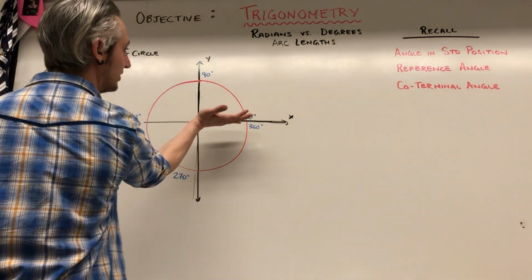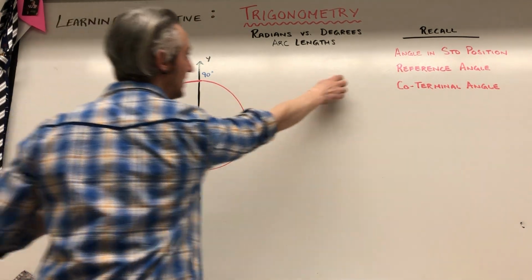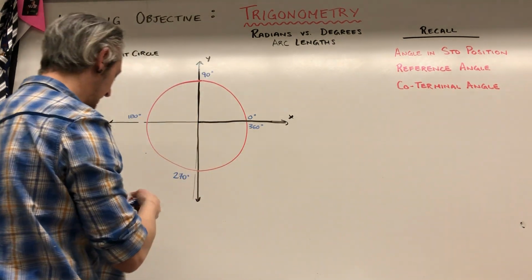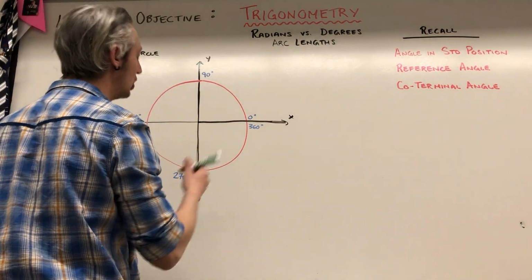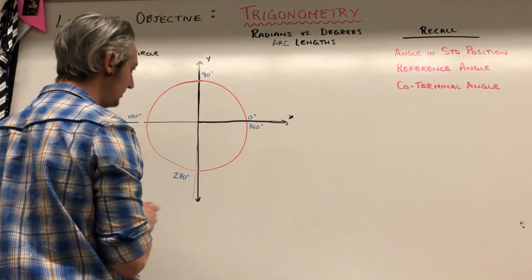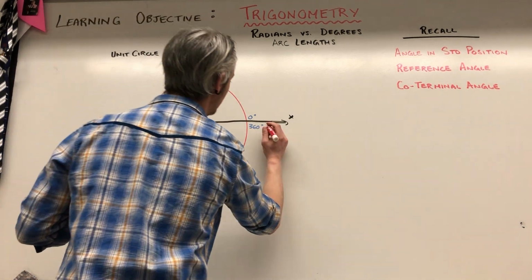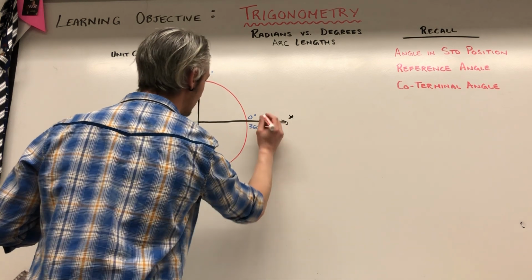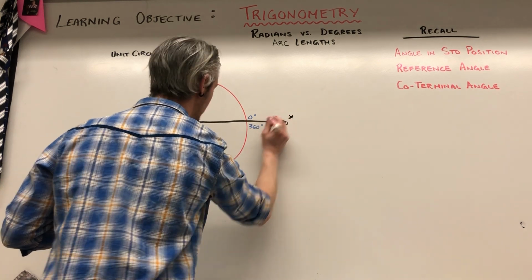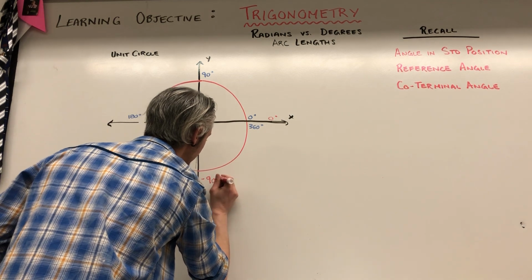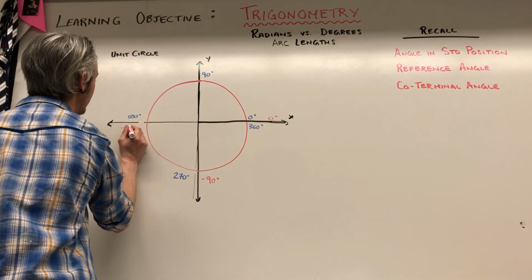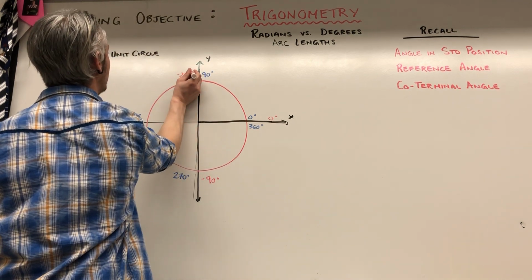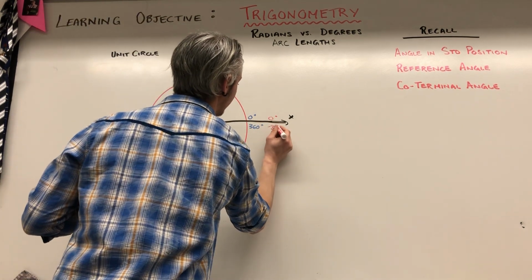When we're determining angles in standard position, we move counterclockwise. If we move clockwise, my 0 will be here as well, then this will be negative 90 degrees, negative 180, negative 270 degrees, and negative 360.